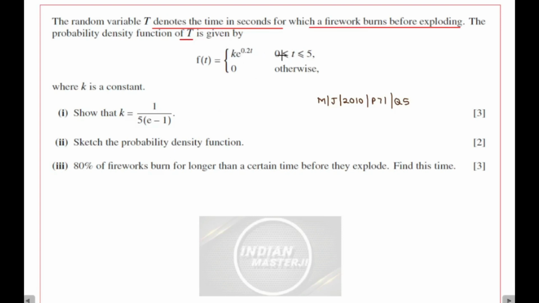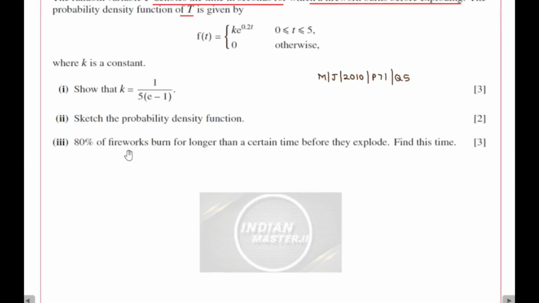It is defined for this particular interval and for the rest of the part its value is 0, and they are asking us certain things to find out. First thing they have said, show that k is equal to 1 upon 5 times (e minus 1).